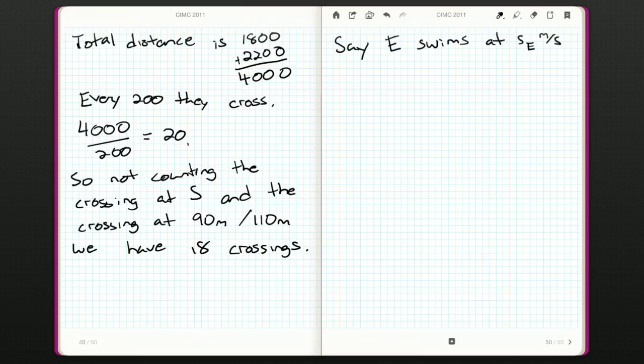So suppose he swims at a speed SE meters per second, and Farouk swims at SF. I think they said Farouk swims faster than Evan.